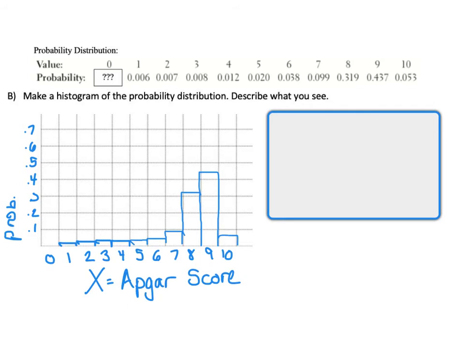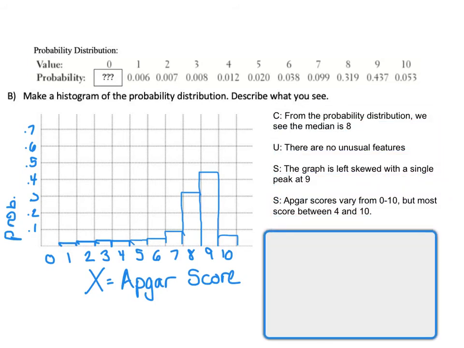So think about when we're describing graphs, what should you talk about? Shape, center, spread, unusual features. We always said discuss in context. So I just have some bullet points here that would be included in a good description. So I'm saying, from the probability distribution, we can see that the median is about 8.